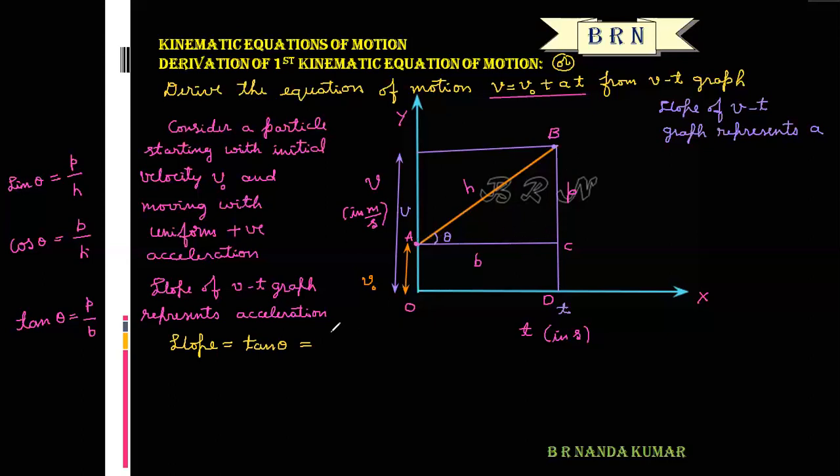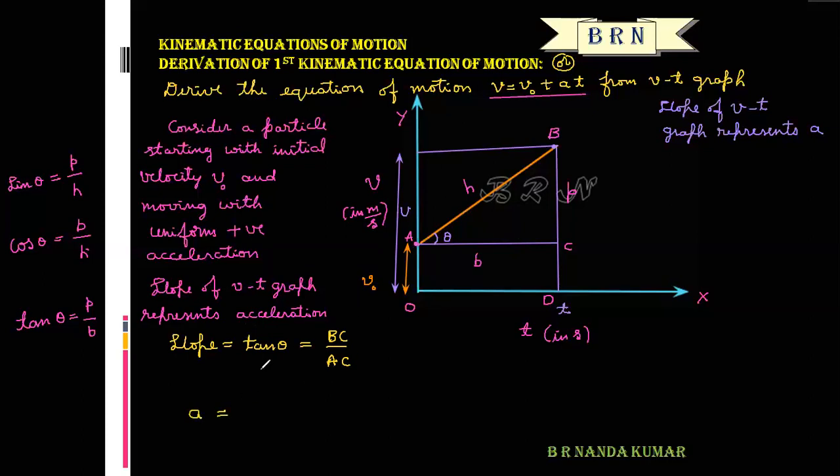That means BC divided by AC, right? Slope of VT graph represents what? Acceleration. Slope gives acceleration.